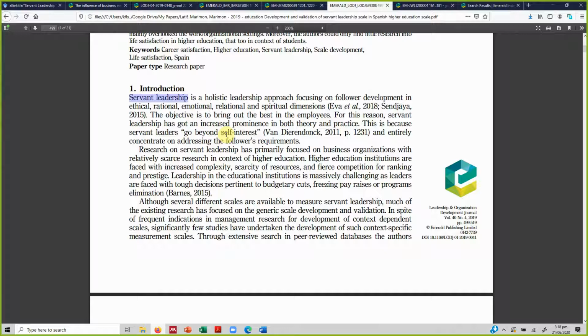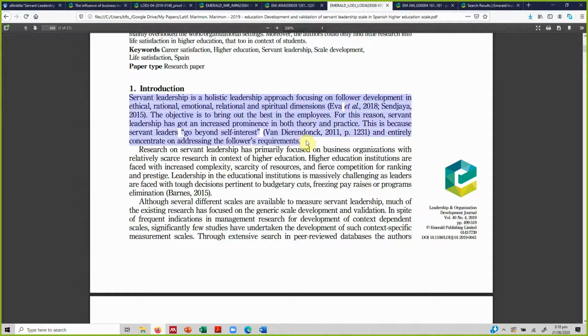In servant leadership, the ultimate intention is to achieve the organizational objectives, but through going beyond self-interest, through focusing on the employees, through emotionally connecting with the employees, through developing a relational approach. So this is the value of this particular concept.